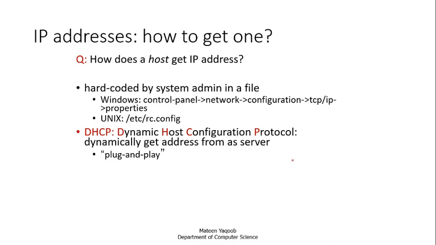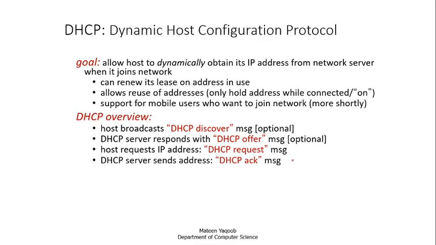The DHCP server is maintaining a list of free IP addresses available in the subnet or network. So it assigns a free IP address from a pool of IP addresses.